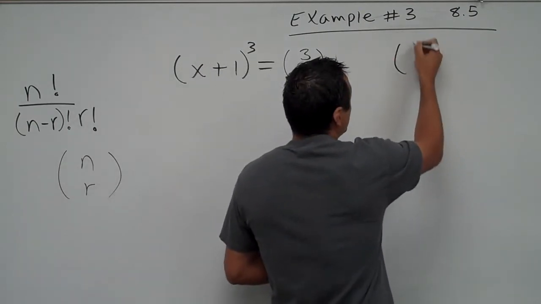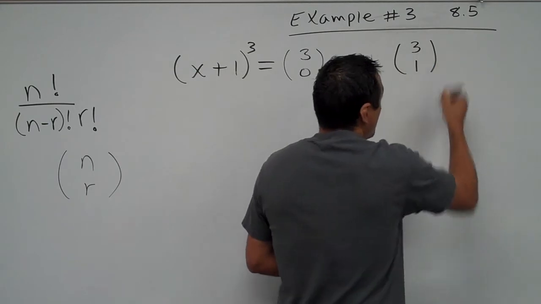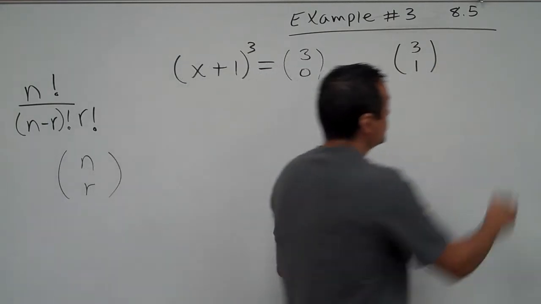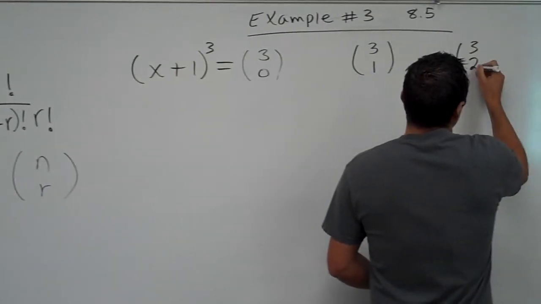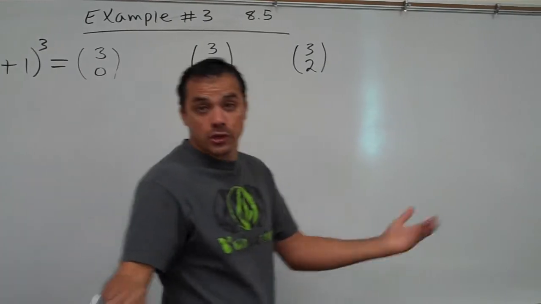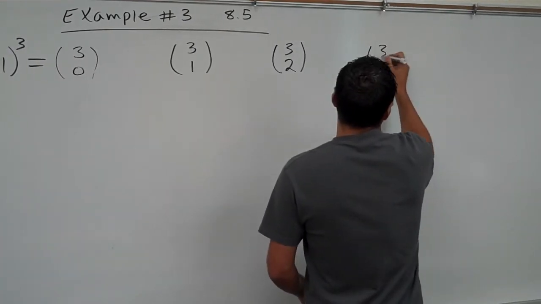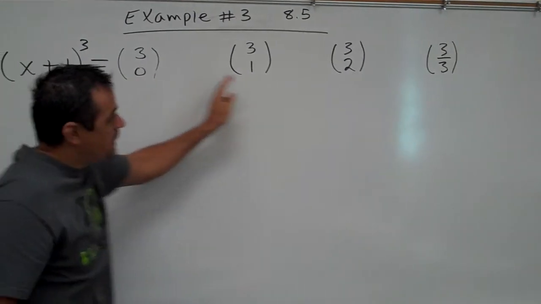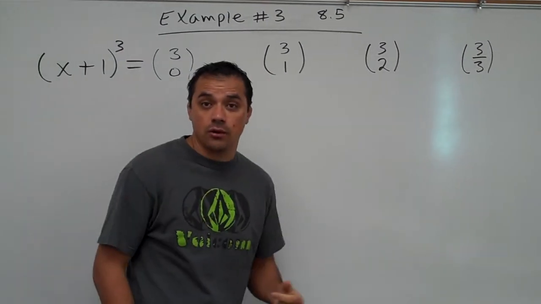So my next one is going to be 3 choose 1. My next coefficient is going to be 3 choose 2. And last but not least, my last coefficient is going to be 3 choose 3. Now, I know I'm leaving a little space here because we're going to work with this and you'll see where we're going with this.